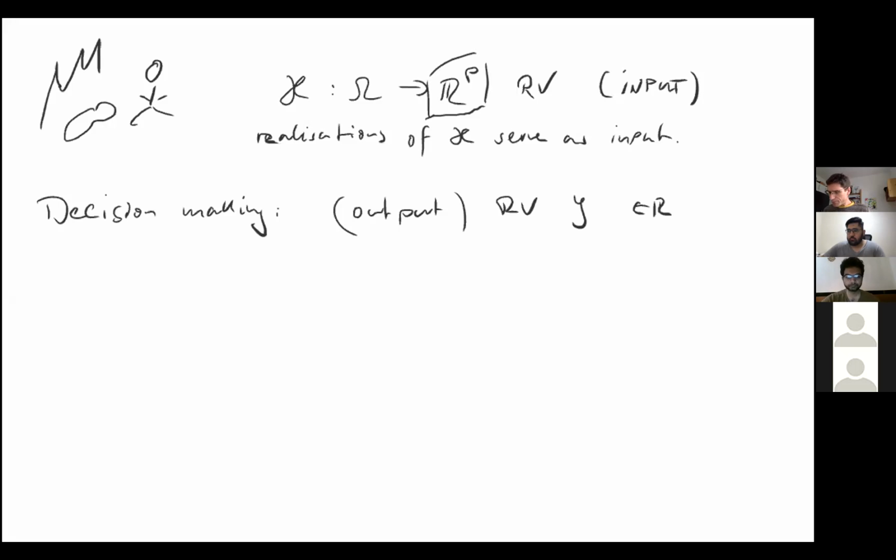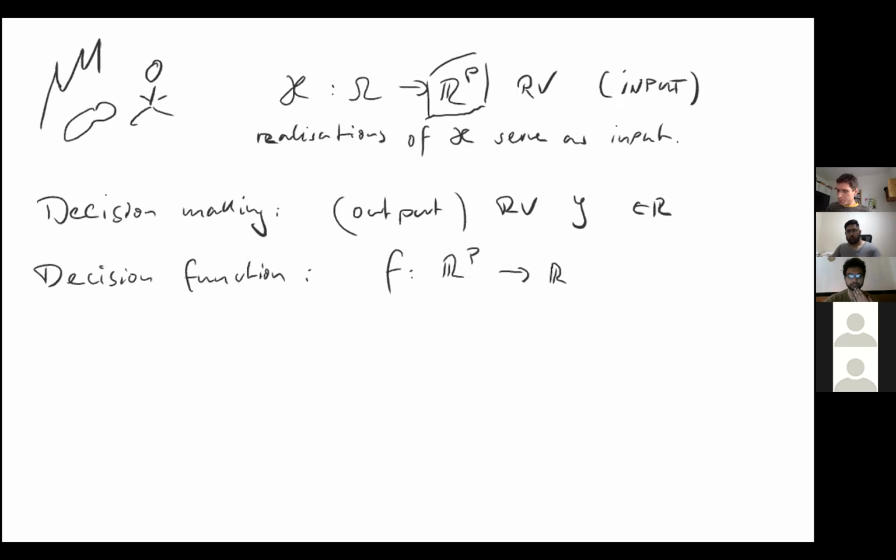If you remember that, in order to do that, we had the decision function.